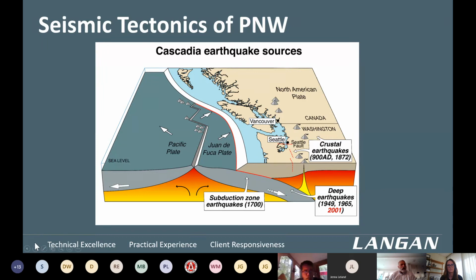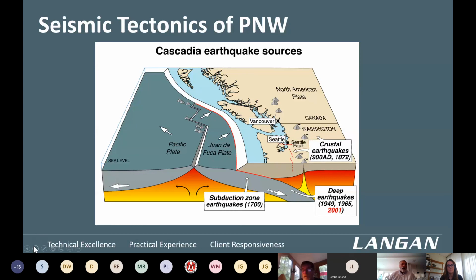One is what is called the intraslab, which is the deeper earthquakes, and then there are these interfaces, which are the shallower earthquakes. Based on recorded data, we know that these two types of earthquakes are different from each other, so the way we estimate ground shaking for them is a little different, and we look at them on their own terms.